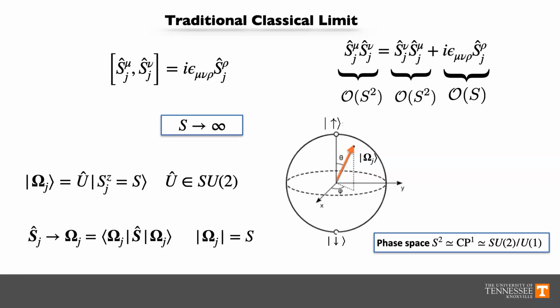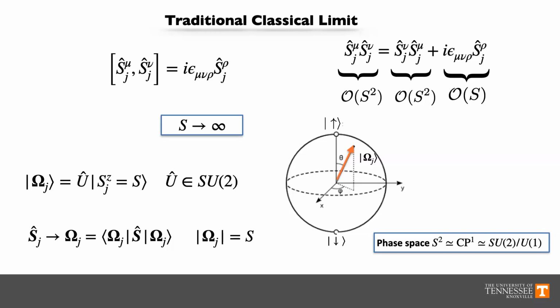The manifold of possible classical states becomes a manifold of states that maximize the eigenvalue of these spin operators, which are the so-called coherent states of SU(2). We can build them by considering the highest weight state, the state that has S^z equal to S, as a reference state, and then applying SU(2) rotations to that reference state. In that way, we get all the possible coherent states of SU(2).